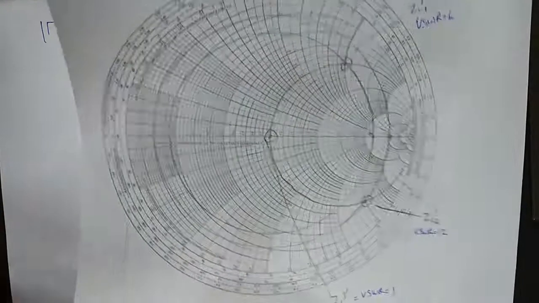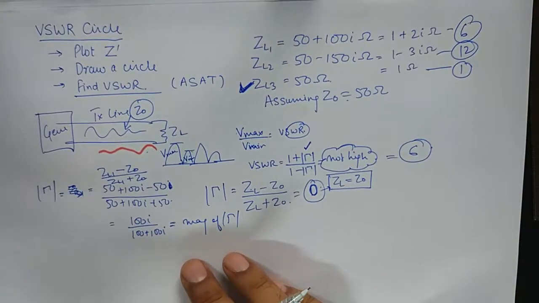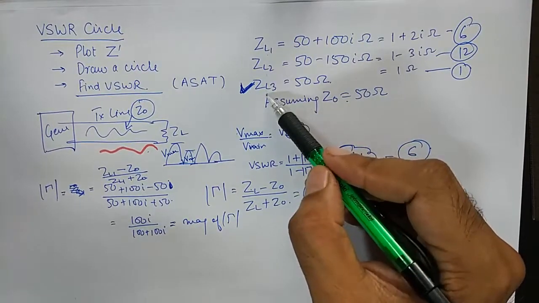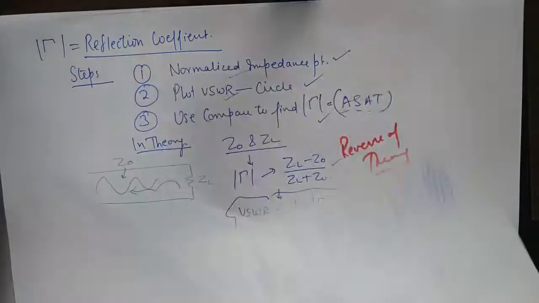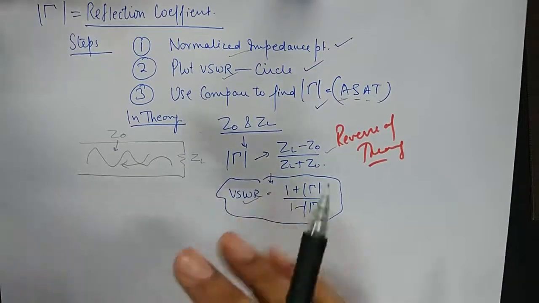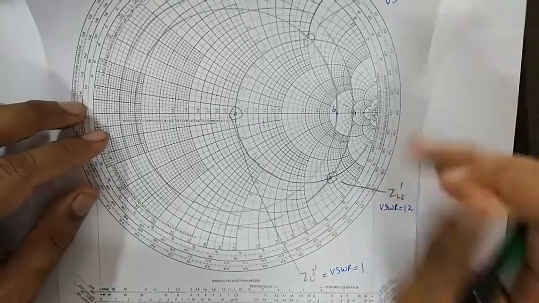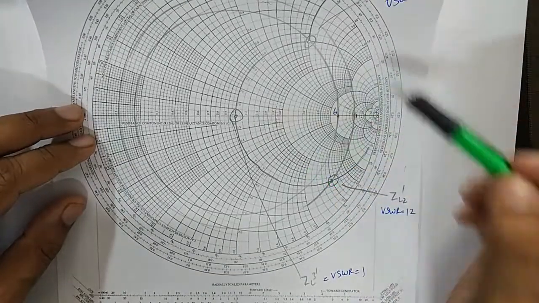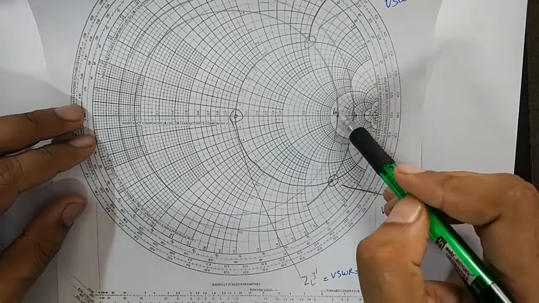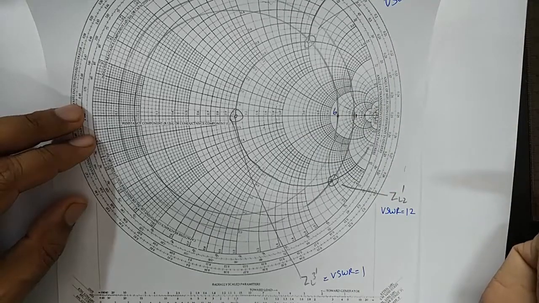Now in Smith chart, I've taken up the example from the first lecture where I took 3 different loads. I found the normalized impedances, then I plotted those impedances here, here and here, and we could find the VSWR from this circle.